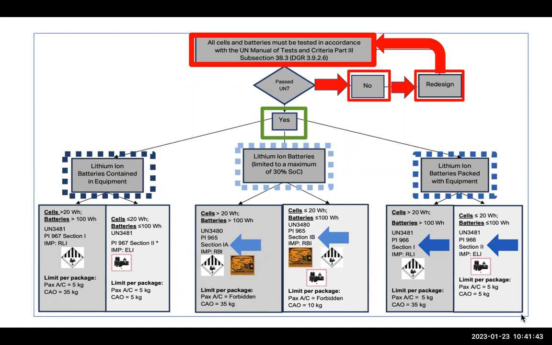The packing instruction is 965. And the IMP code is Romeo, Bravo, India. We need to observe the limit per package, and to ship on a cargo aircraft only, your lithium-ion batteries or cells should not have exceeded 35 kilograms.